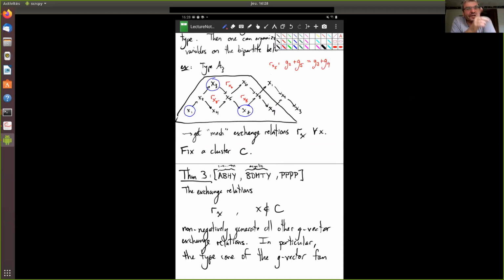So the sum of horizontals is equal to the sum of verticals, right? Yes, exactly. So let me write it in this way because I want to normalize it such that the two horizontal ones have +1 in front of them.